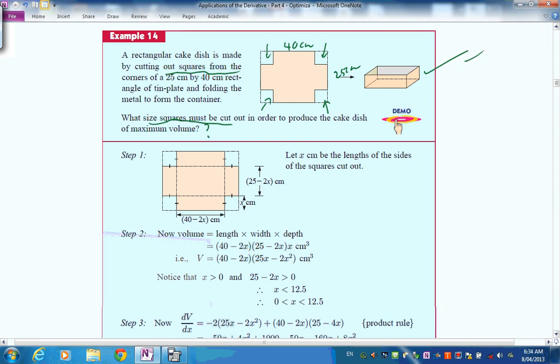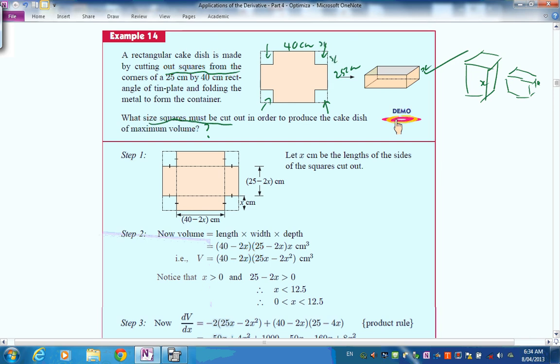Do you see the problem? You could cut out big squares and have a taller, skinnier one or a flatter one. So that's the idea. You will change the shape depending upon how deep you cut these things out. There's all sorts of shapes there. We're going to let that variable be x. X turns out to be the depth, doesn't it, if you cut out x by x there.